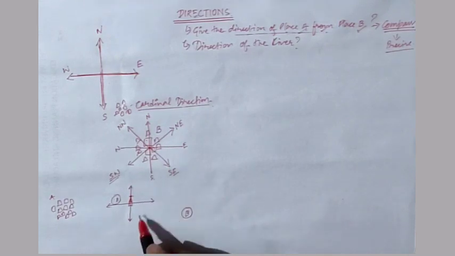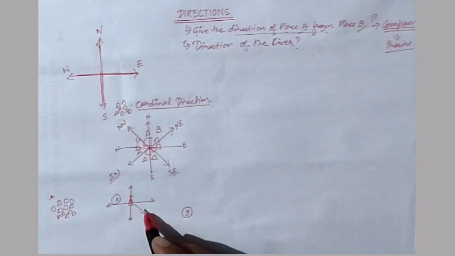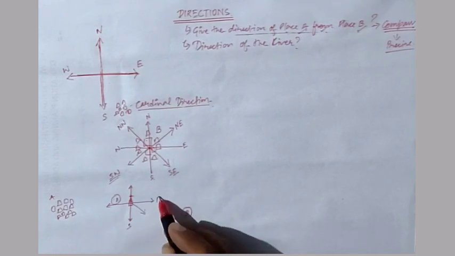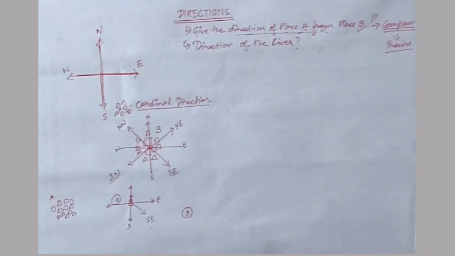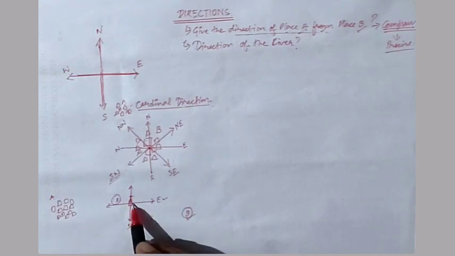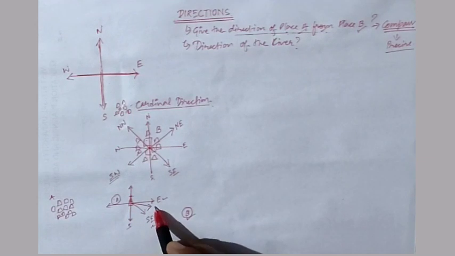So here, falling between south and east, it will be southeast. Understood? Now if you see, place B is located in between east and southeast also, isn't it? So here it will be east southeast.